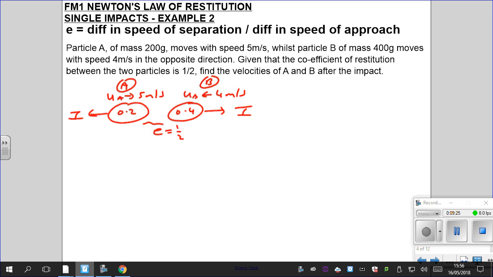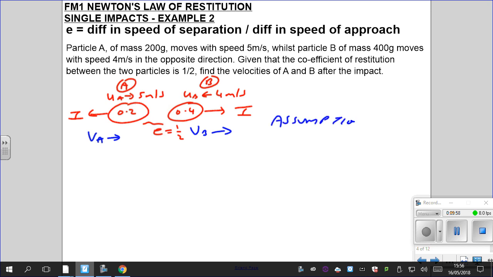Now this is the thing. How do I know if after these two things collide, A is going to go left or right? And the same with B. I don't know. I can have an educated guess, but it's still a guess, and the maths is going to tell me what the right answer is. But the most important thing is the diagram tells me everything. The diagram is stating right from the start, I'm making assumptions.